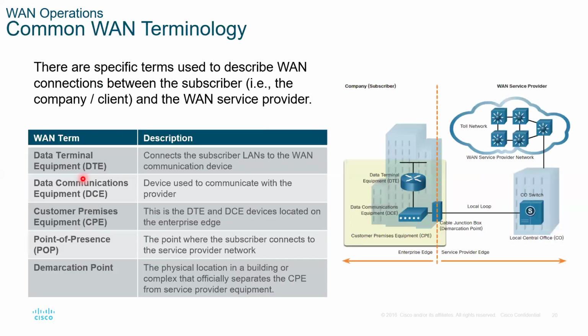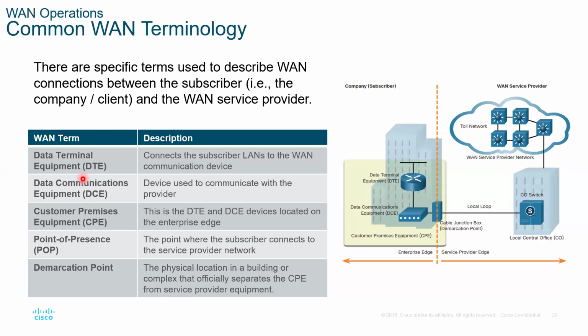Let's go. Common WAN terminology. There are specific terms used to describe WAN connections between the subscriber and the service provider. Starting with DTE, data terminal equipment, which connects the subscriber lines to the WAN communication device.